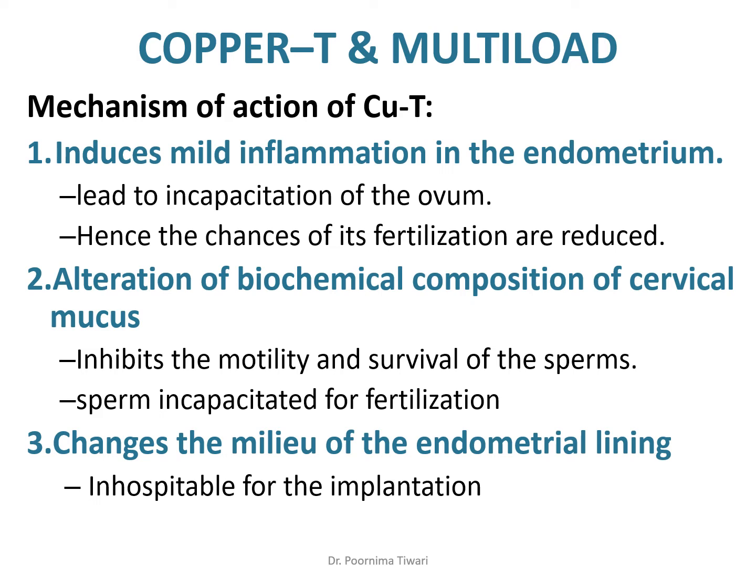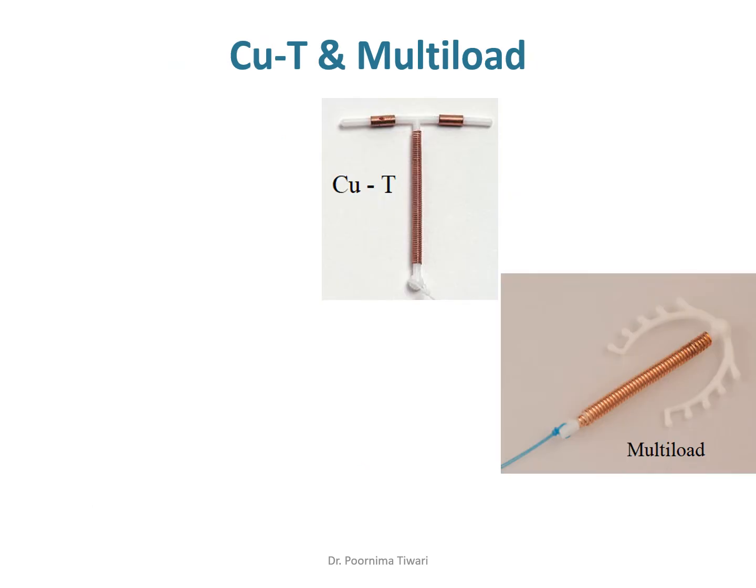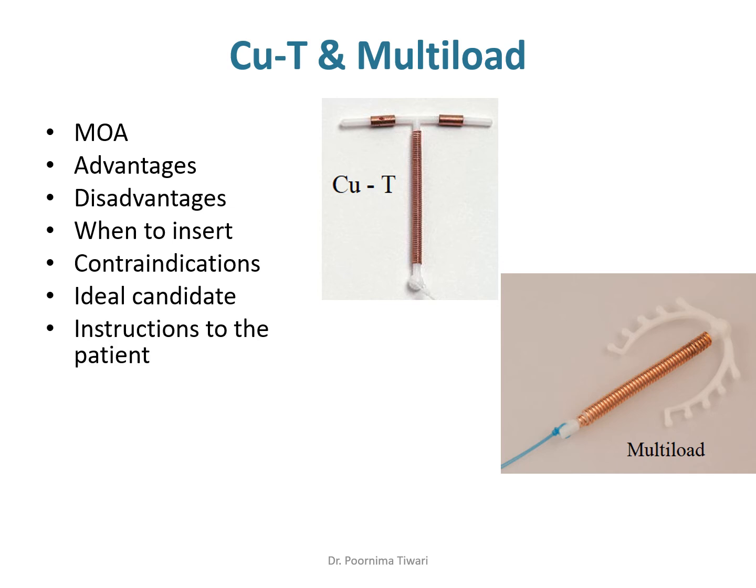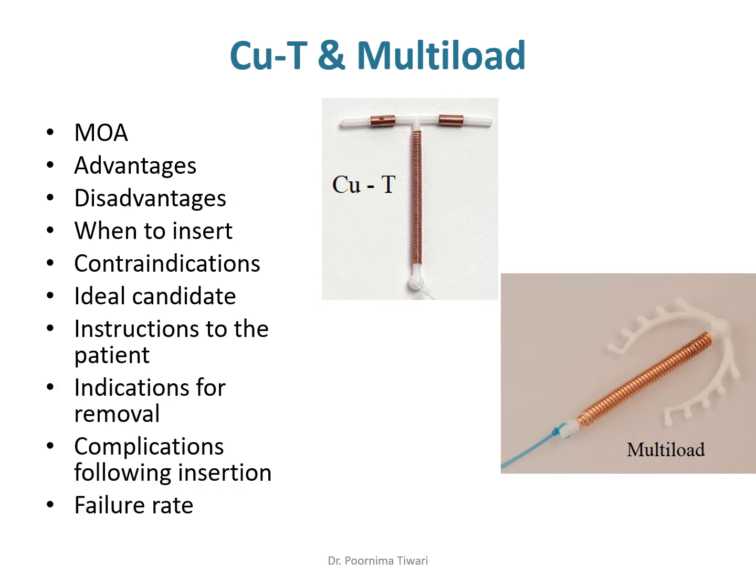And thirdly, it changes the milieu of the endometrial lining. It is no more hospitable for implantation should fertilization occur. Copper T, multi-load. These are the things you must know about these.